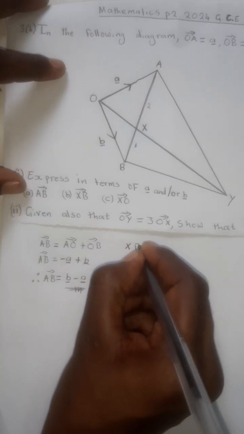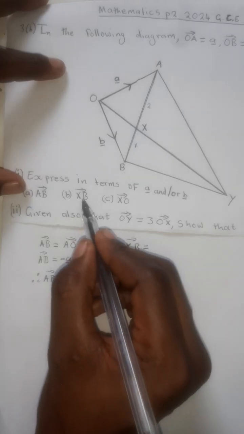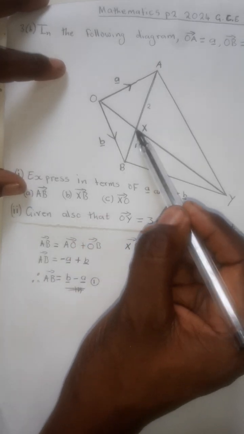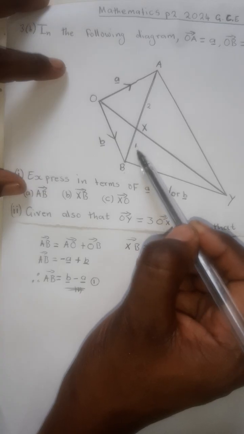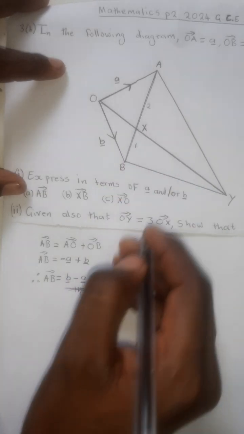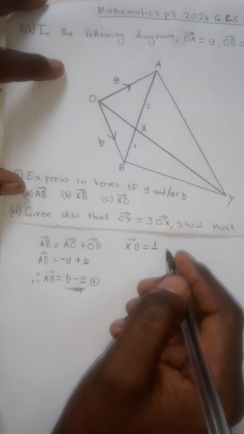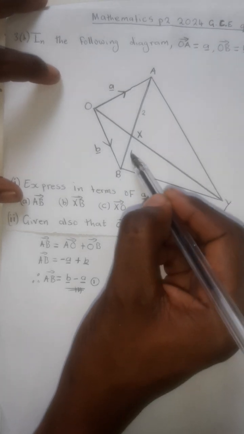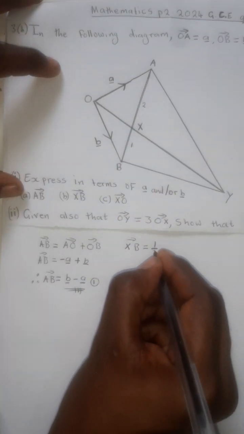So XB should be equal to, what is the ratio for XB? The ratio for XB is what? 1. Okay, I've explained where I've got this one from. So XB, that is 1. Then what is the total ratio? The total ratio will be 1 plus 2, which is the same as AB, which is just what? 3.